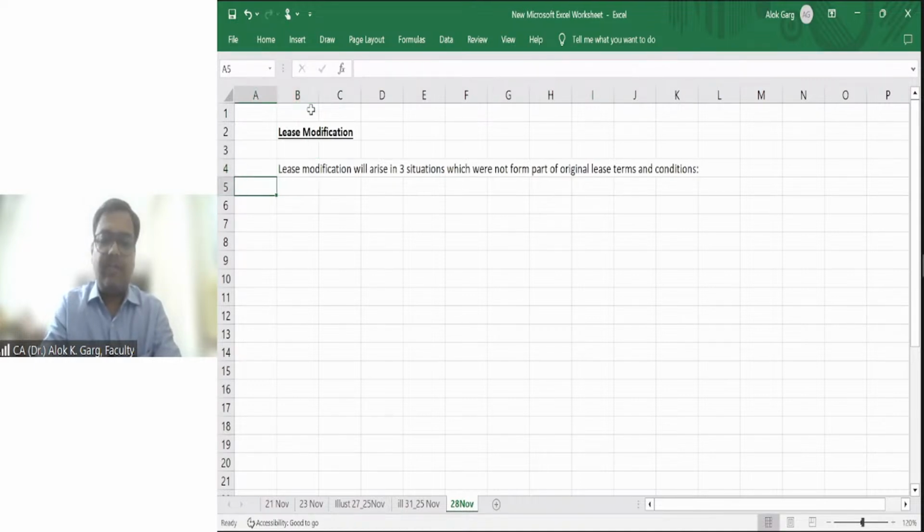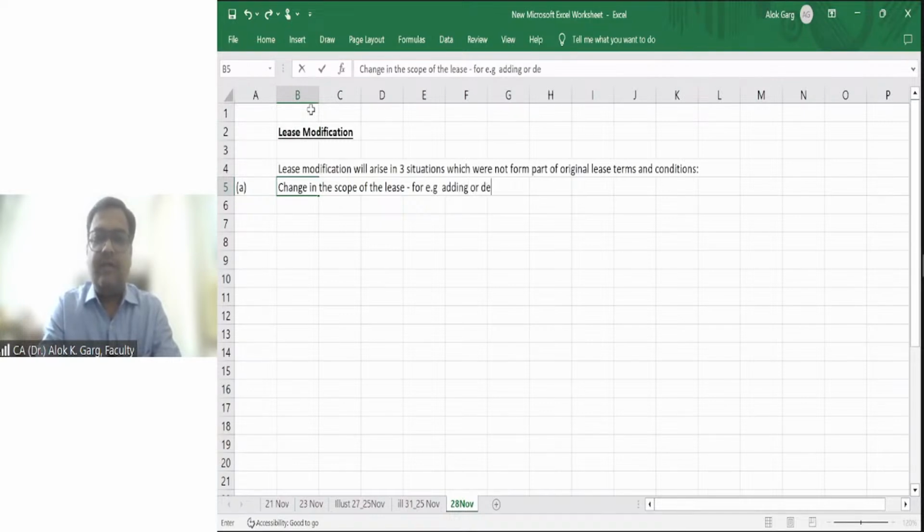Number one, A is change in the scope of the lease. For example, adding or decreasing the underlying asset.